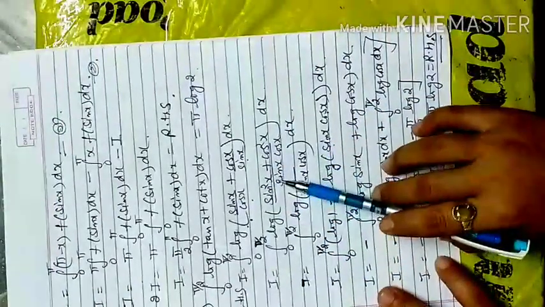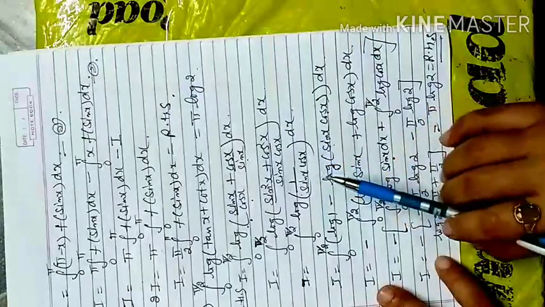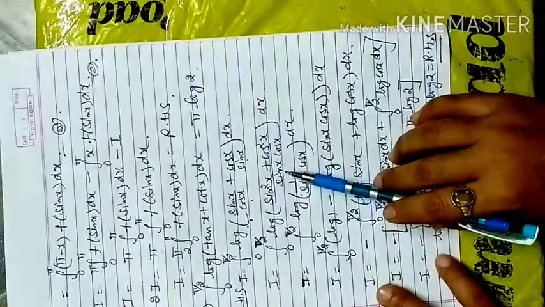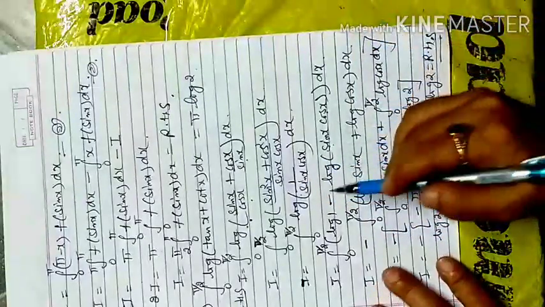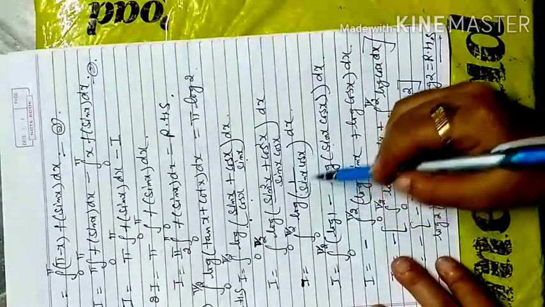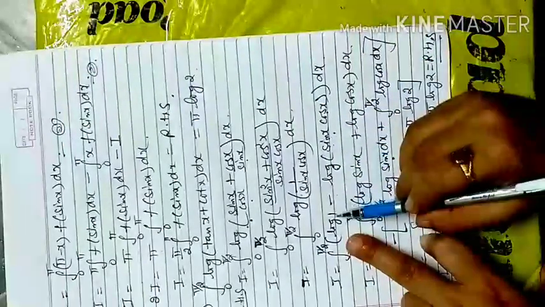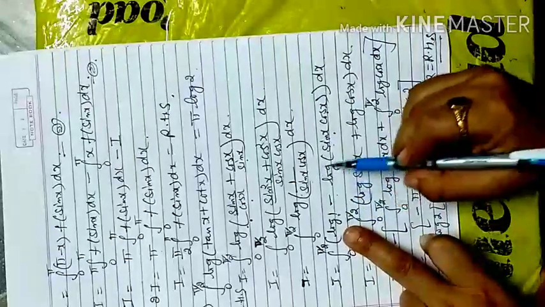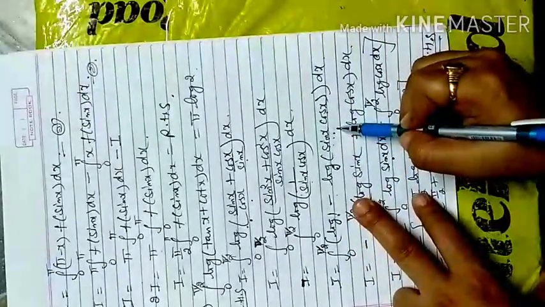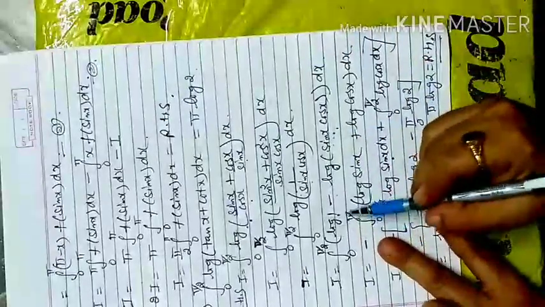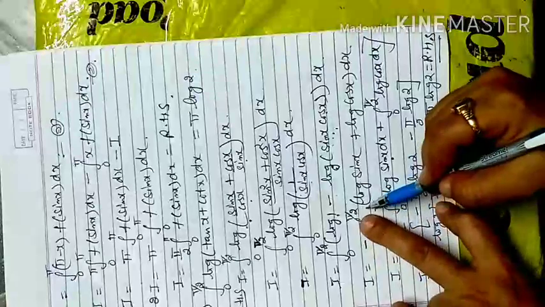Then we take the LCM, sin square x plus cos square x, we use the identity here, that is 1, and the denominator is sin x cos x, 1 upon sin x cos x. When you apply the log m upon n concept, log m minus log n, log m is 1 and log n is log sin x cos x. Now log 1 value is 0, so I directly shifted to here minus integral 0 to pi by 2.